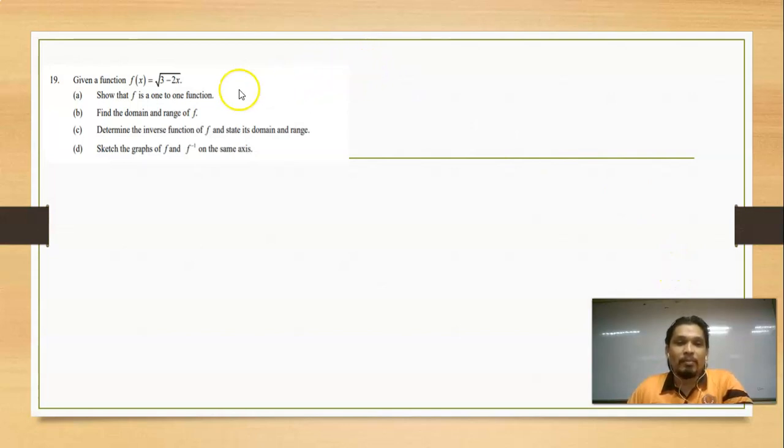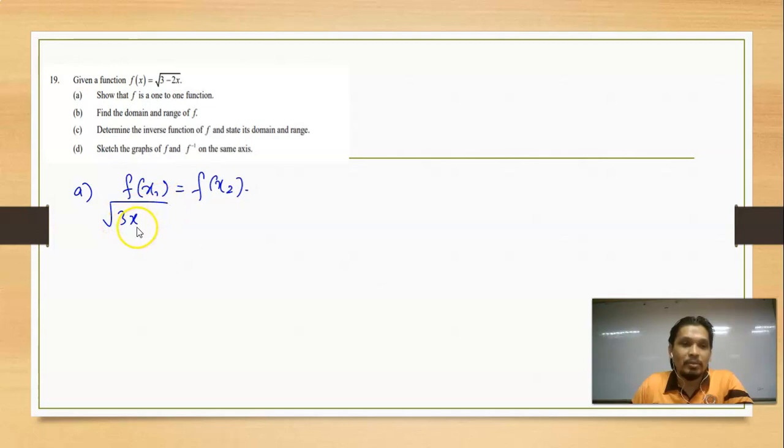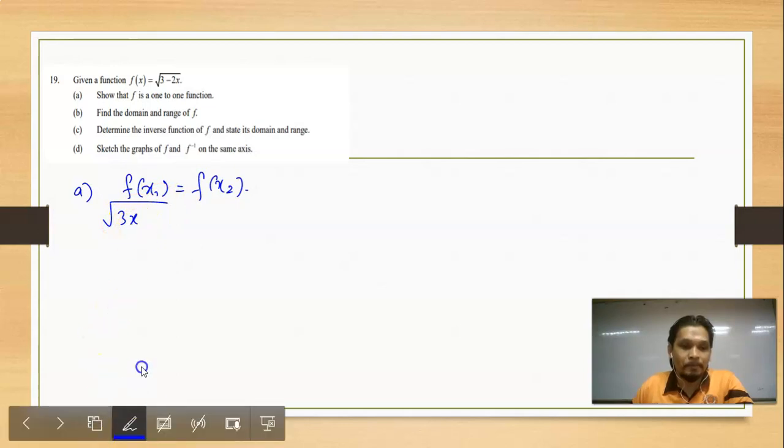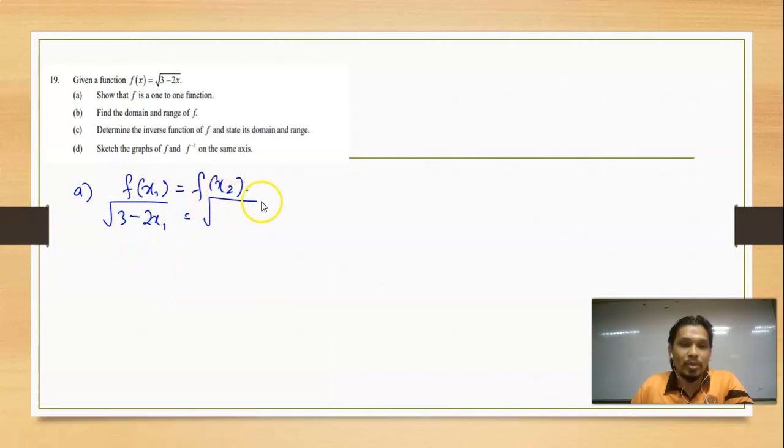Question A, show that f is a one-to-one function. f(x1) equals f(x2). So square root of 3 minus 2x1 equals square root of 3 minus 2x2.